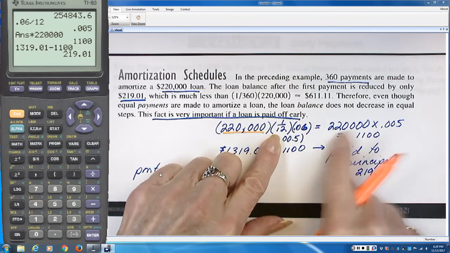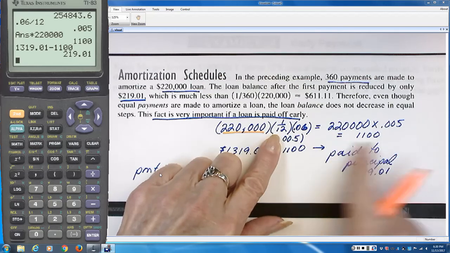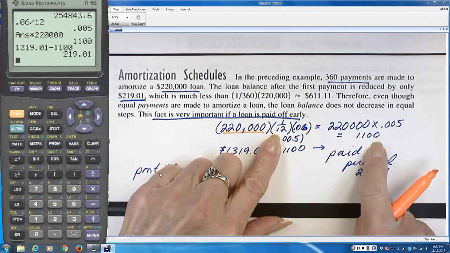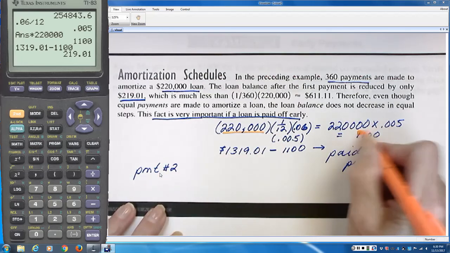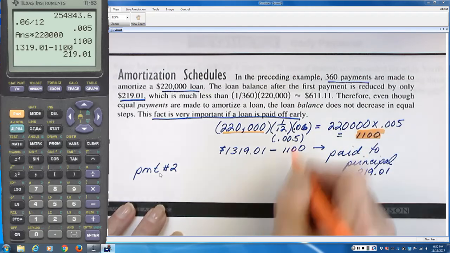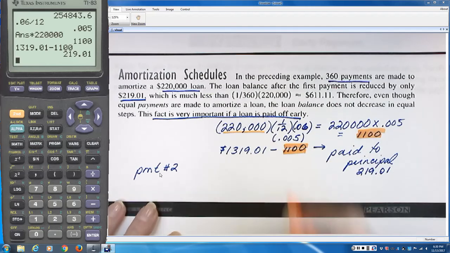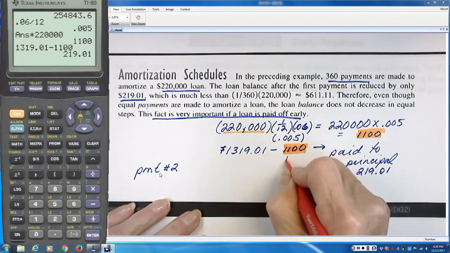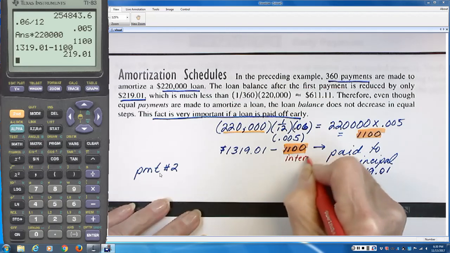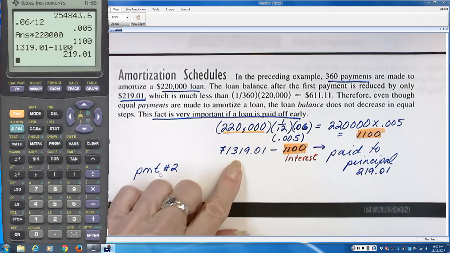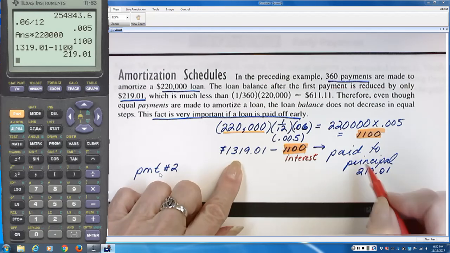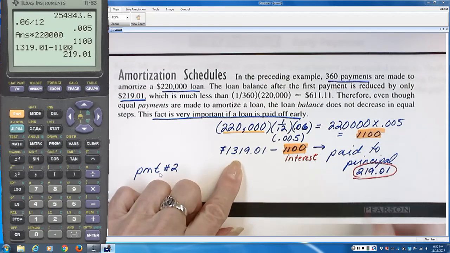But that 0.5% times $220,000 is $1,100. So $1,100 of your payment went to interest. Ouch. That hurts. So even though you paid that much, this is how much your principal went down.